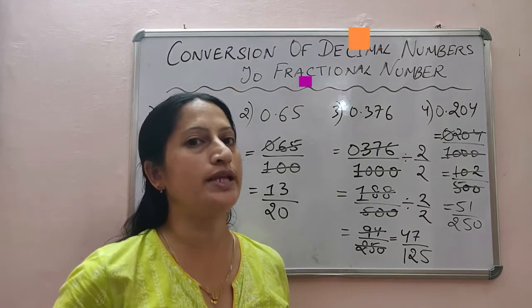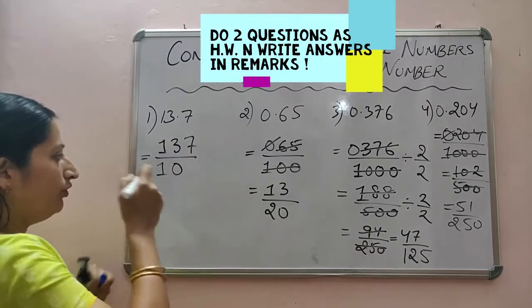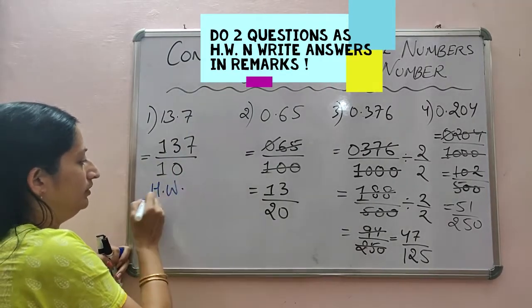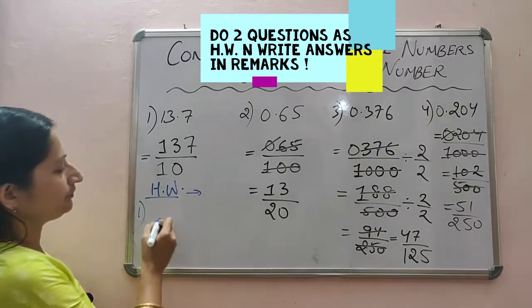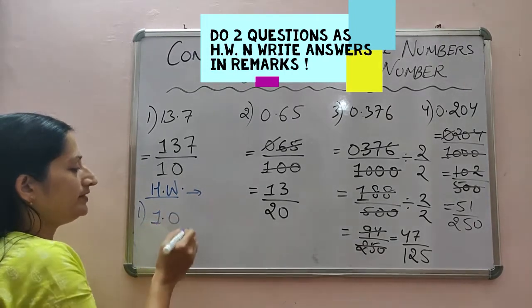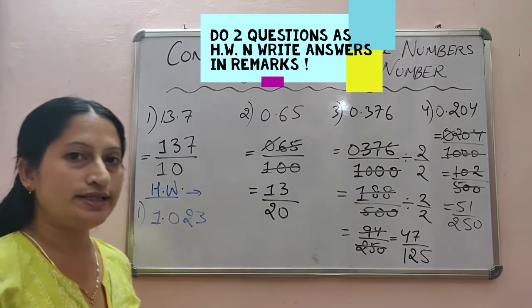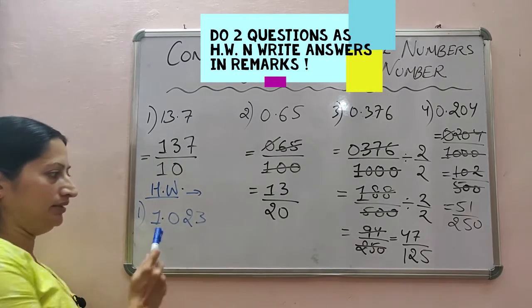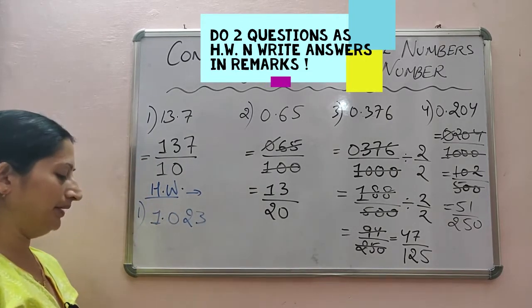So let me give you some more numbers as homework. Your homework will be, first you have to do 1.023. This is one number which you have to convert from a decimal number to a fractional number.